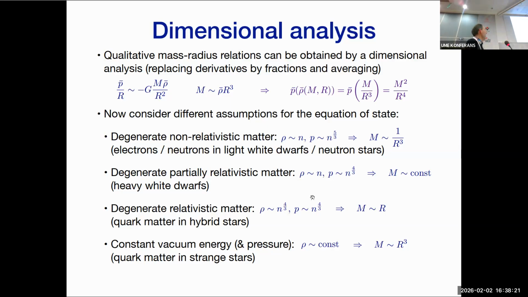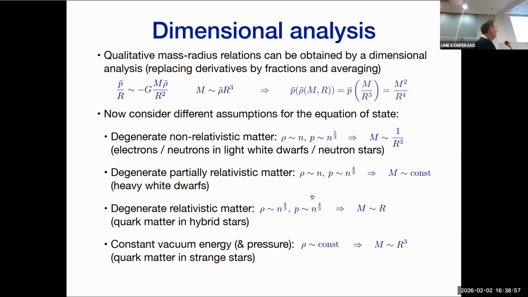That's the standard case. That's what you would have in hadronic neutron stars, where you have heavy hadrons that are non-relativistic. The mass of these is much bigger than the kinetic energy. If, say, in heavy white dwarfs, the pressure comes not from the baryons but from the electrons, they are light and have high energies, so the energy density still comes from the nuclei, but the pressure comes from the electrons.